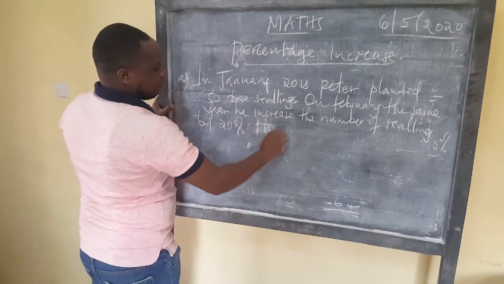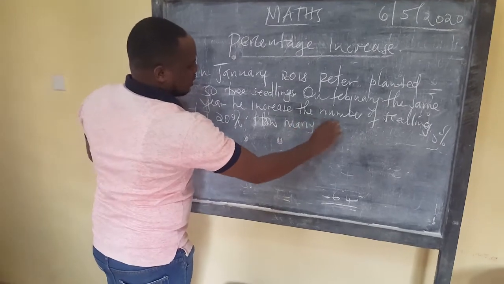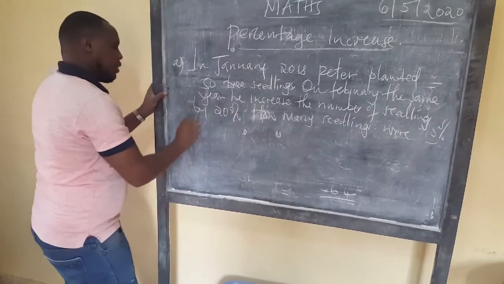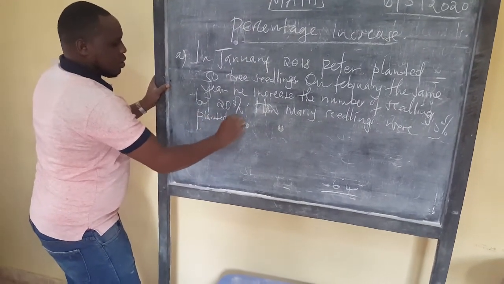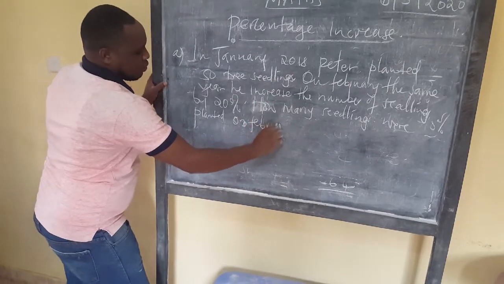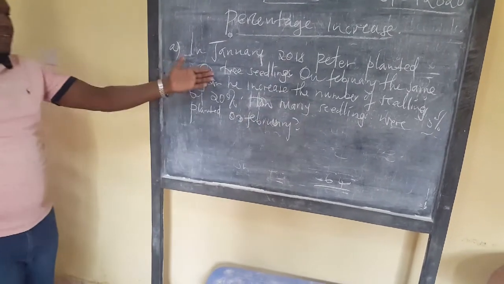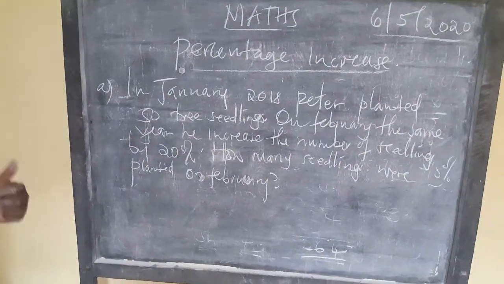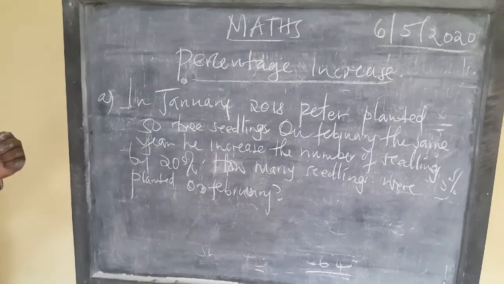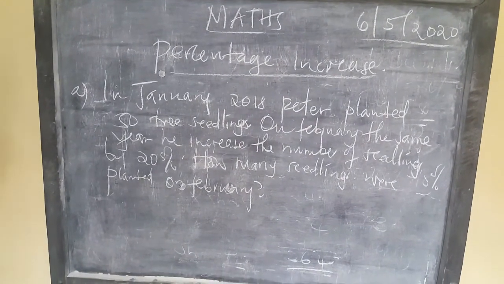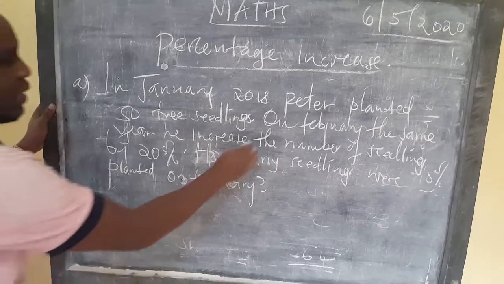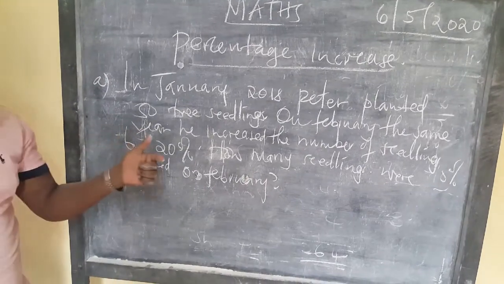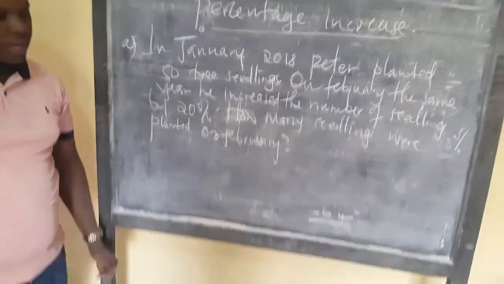How many seedlings were planted in February? Now, this is a very simple question if we understand it. That in January 2018, Peter planted 50 seedlings. In February the same year, he increased the number of seedlings by 20%. How many seedlings were planted in February?